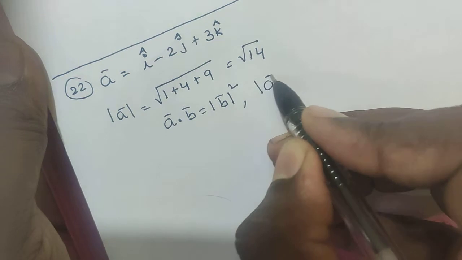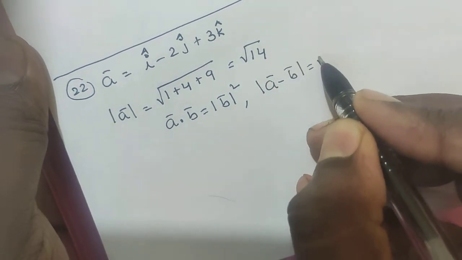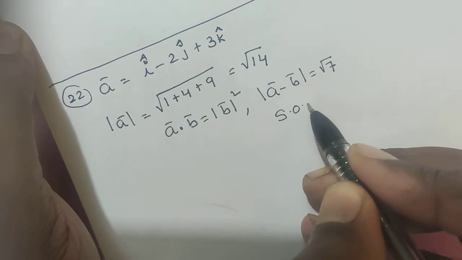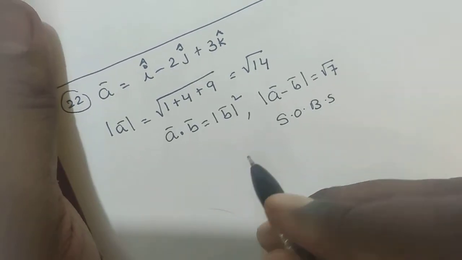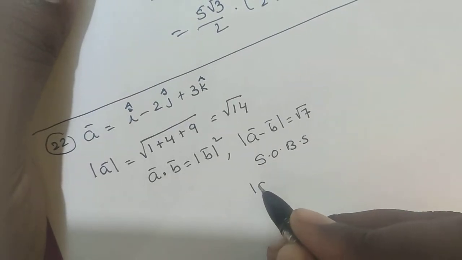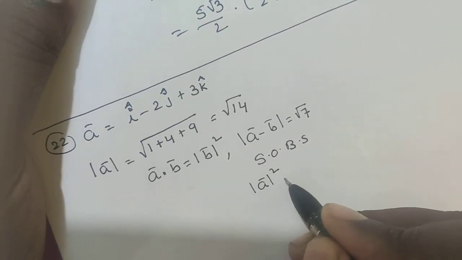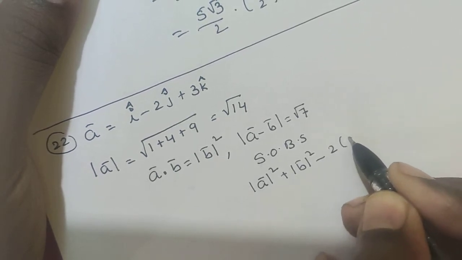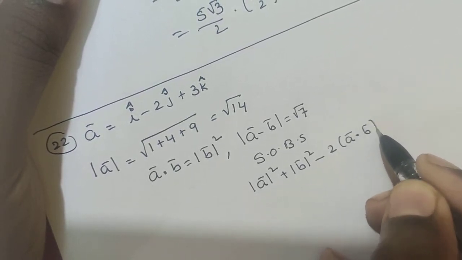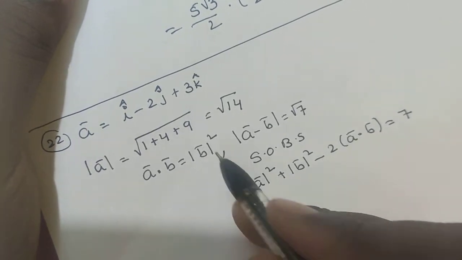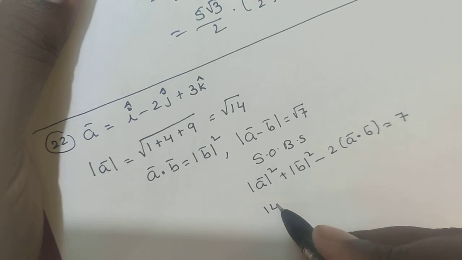Now squaring on both sides. What is the formula for modulus of A bar minus B bar whole square? Mod A square plus mod B square minus 2 into A bar dot B bar is equal to root 7 square, that is 7. Mod A bar square is nothing but 14.